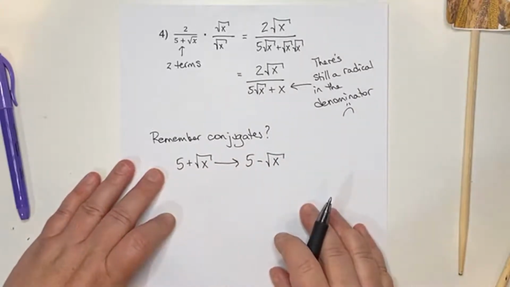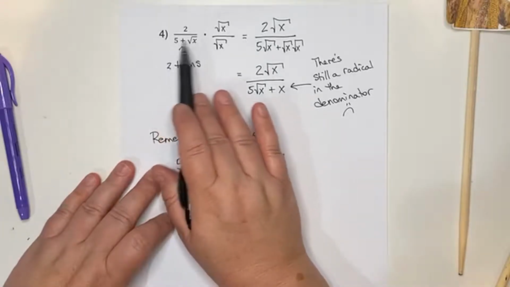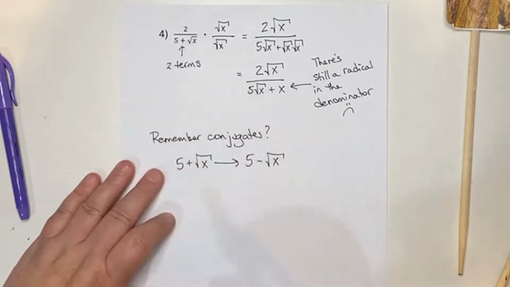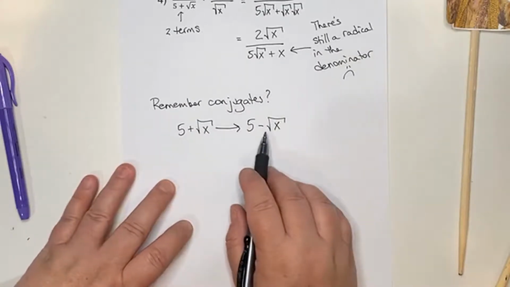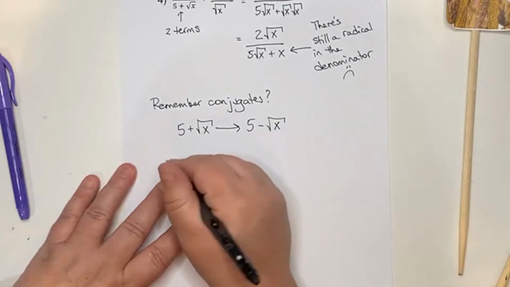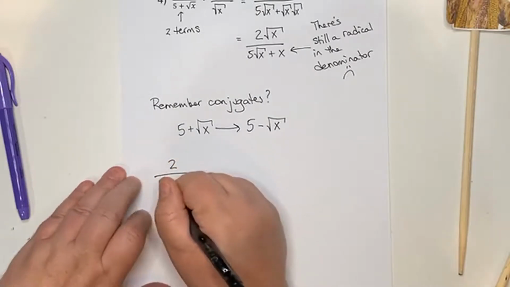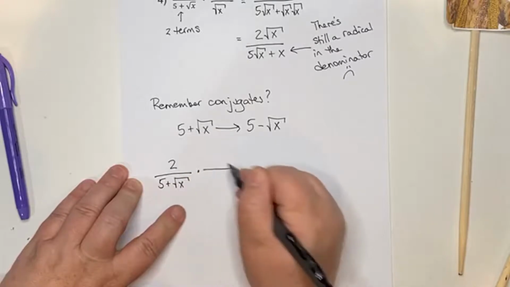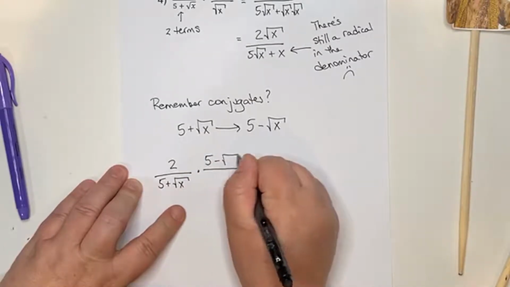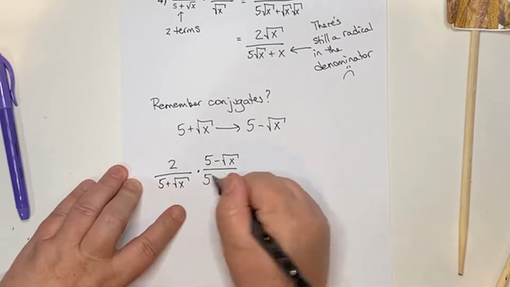We're going to use that. So if there are 2 terms in the denominator and you've got a radical involved, come up with the conjugate for the expression in the denominator. I know, everyone's looking at this going, oh no, oh no, oh no. I know, but we're almost done. And then you will know everything.